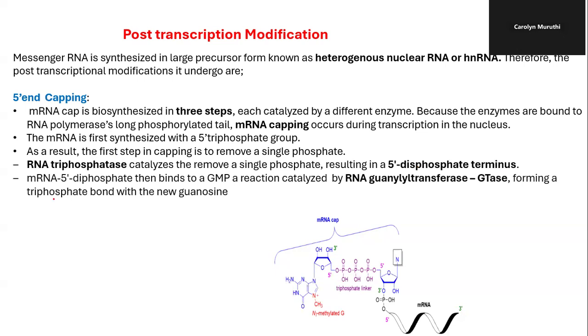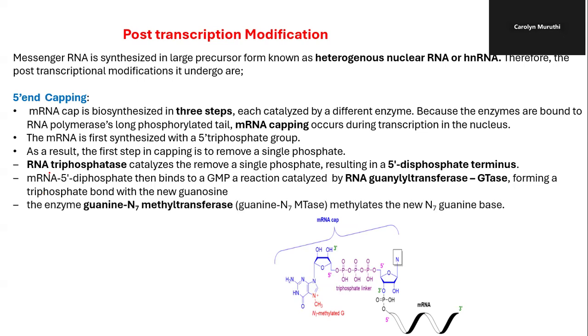The mRNA 5' diphosphate then binds to a GMP, that is guanosine monophosphate, and this reaction is catalyzed by RNA guanylyl transferase, which forms a triphosphate bond with the new guanosine. Thereafter, through the action of guanine N7 methyltransferase, the molecule is methylated at the N7 of the guanine base.